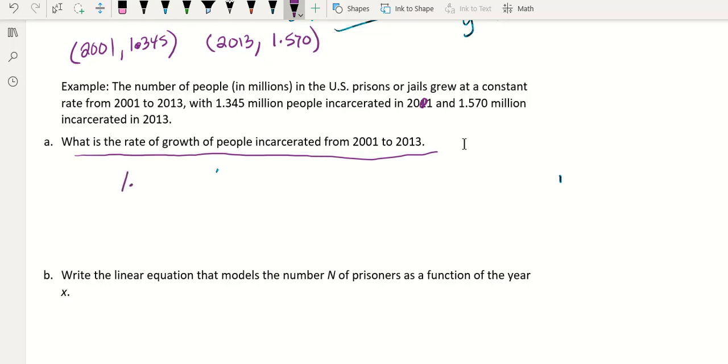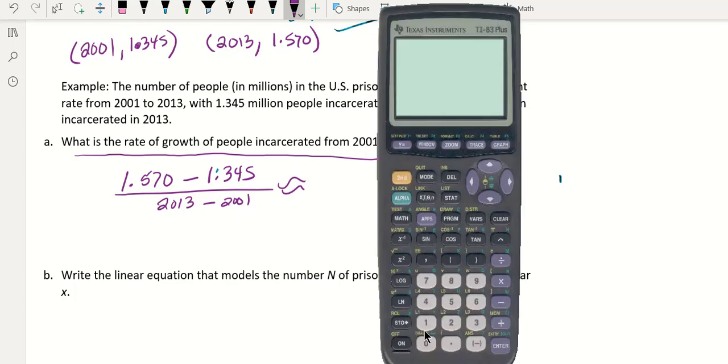We would do 1.570 minus 1.345 divided by 2013 minus 2001. 2013 minus 2001 gives me 12 years.